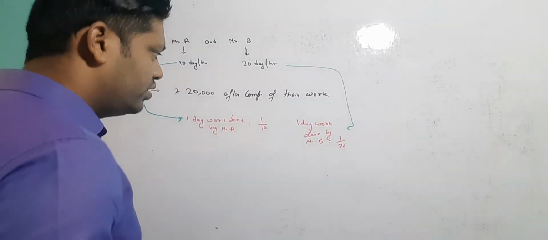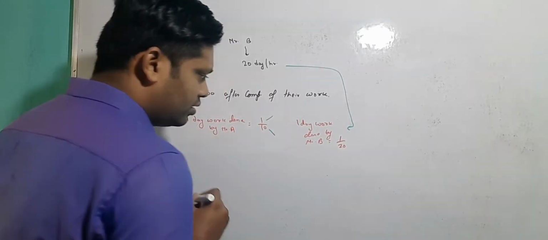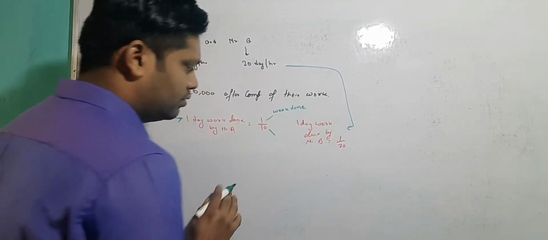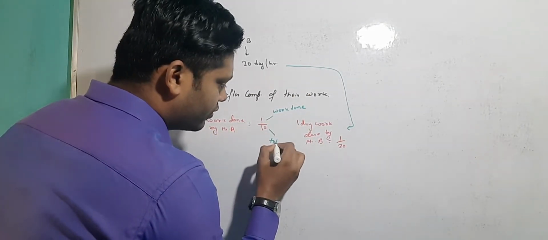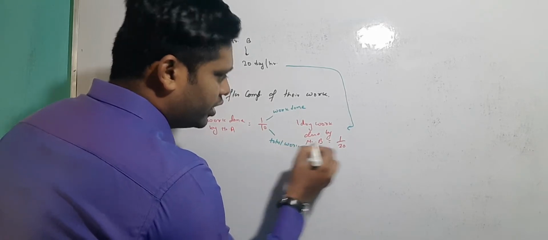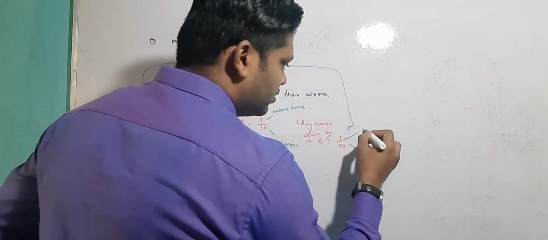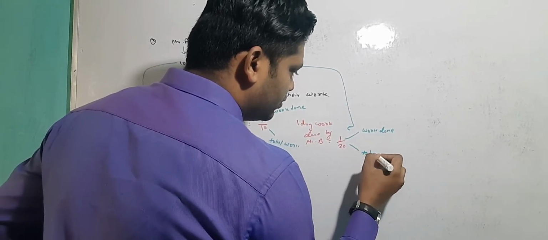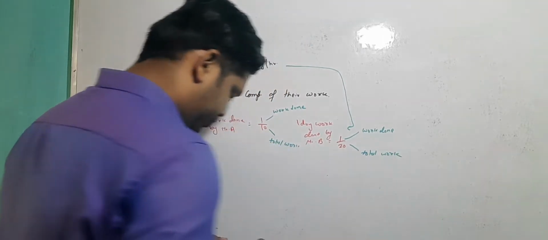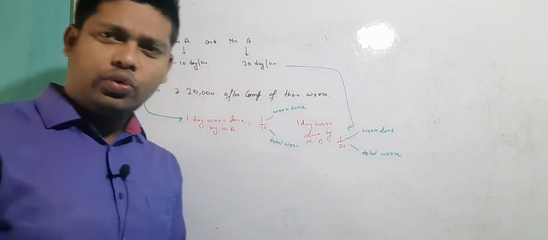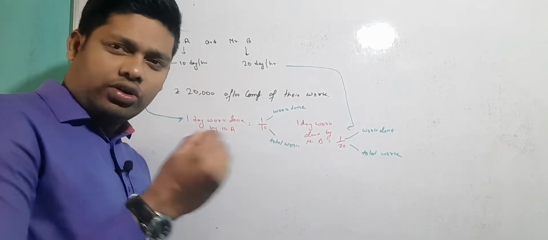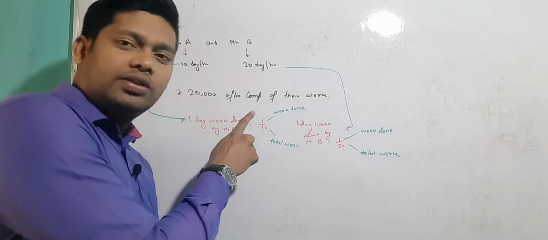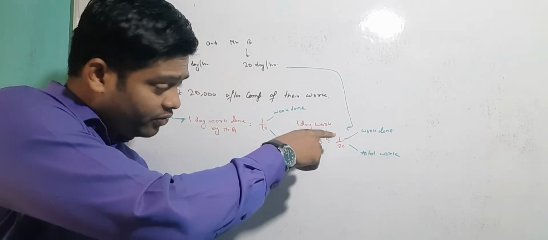As I've already told you, the numerator is the work done, and the denominator is the total work. Here also the same meaning. So if I interpret it, of the total work that is in the denominator, only one part is done in a day. Same thing for that one also.